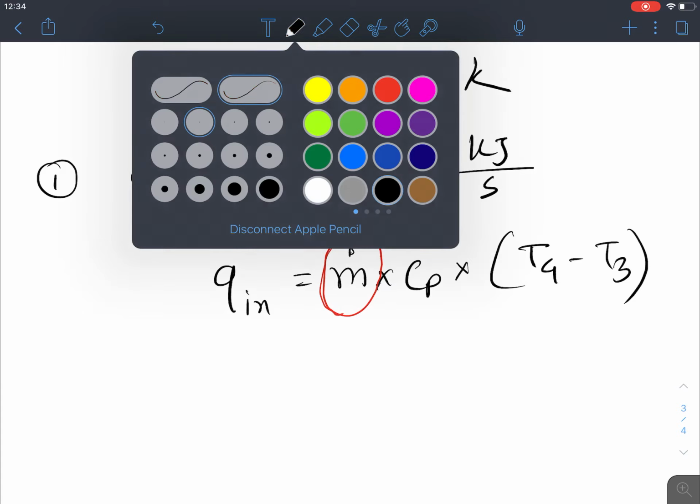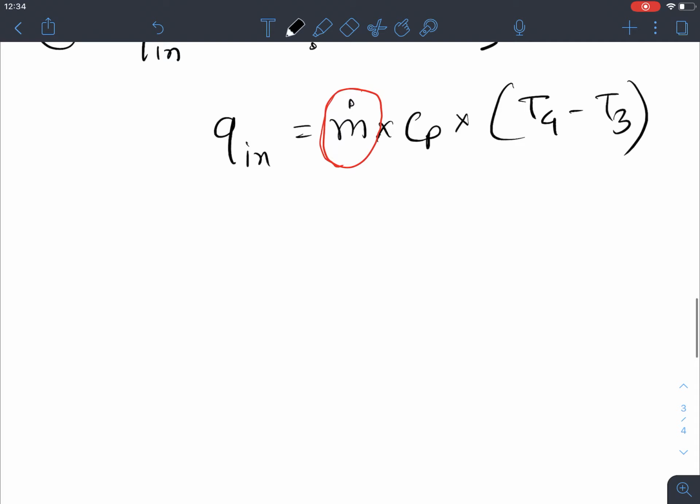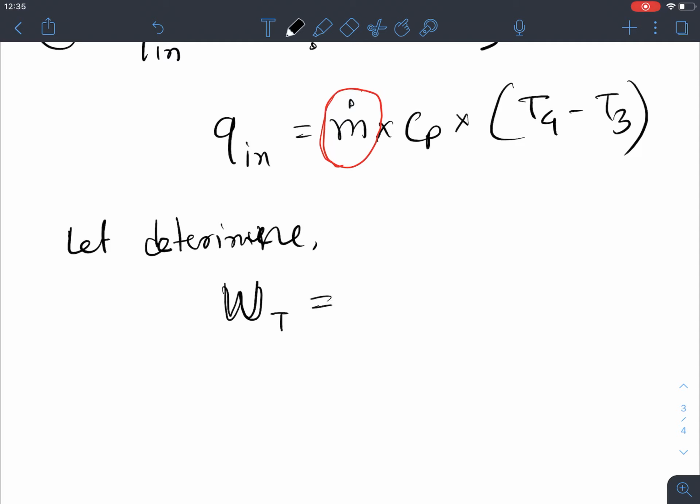So the first thing we have to do is use the information of W net, right? So let's determine the turbine work, WT, which equals Cp times T4 minus T5.